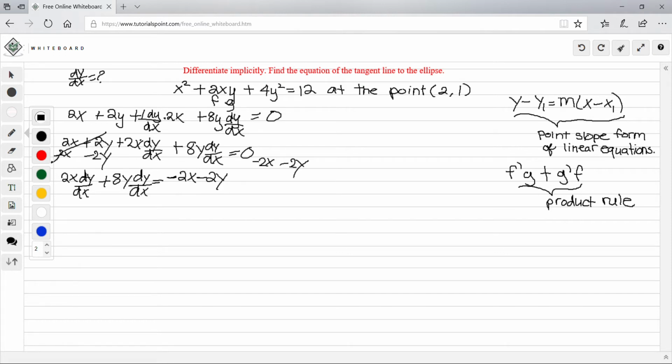Okay, so we're not done. We just have to solve for dy/dx, right? That's our goal. So let's factor this out. What do these two have in common? They have a dy/dx, so let's factor it out. I'm going to use brackets because it means everything. So we have dy/dx times (2x plus 8y) equals negative 2x minus 2y.